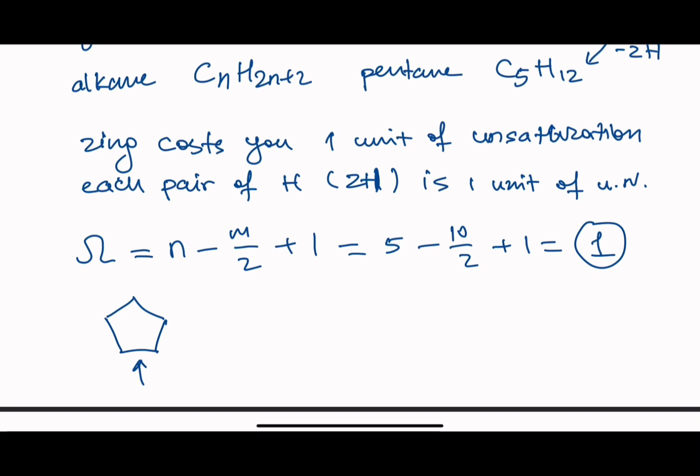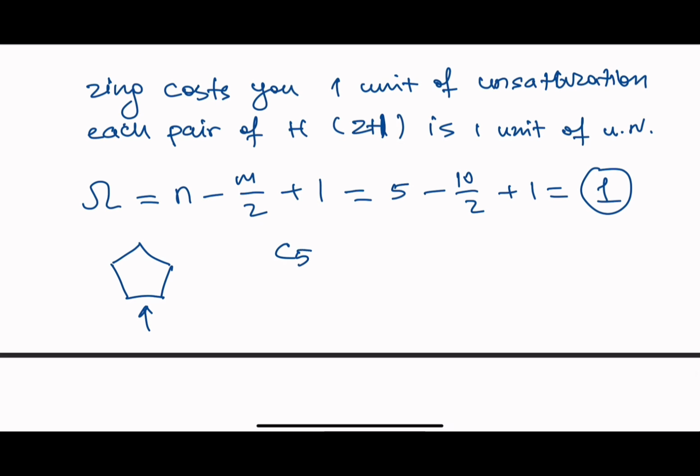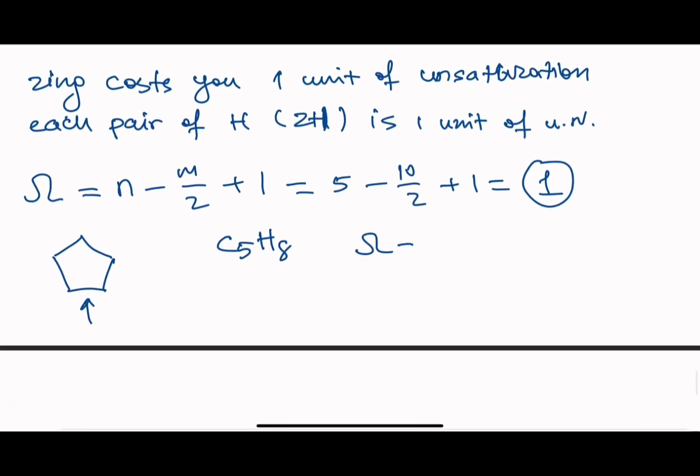So now I will give you another formula. So let's say you have C5H8. Let's find the number of unsaturation for this. It will be 5 minus 8 over 2 plus 1, which is 5 minus 4 plus 1, it'll be 2, right?